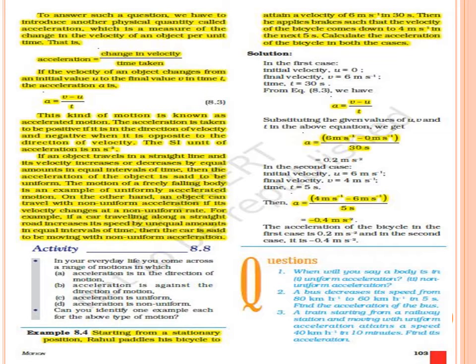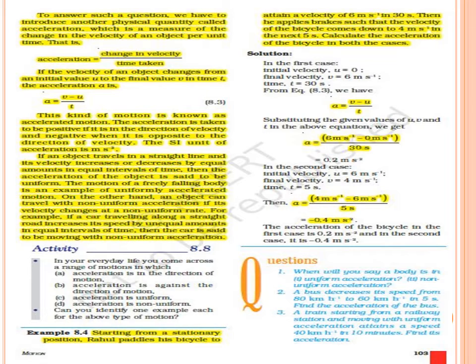On the other hand, an object can travel with non-uniform acceleration if its velocity changes at a non-uniform rate. That is, in case of non-uniform acceleration, the change in velocity is not equal in equal intervals of time.